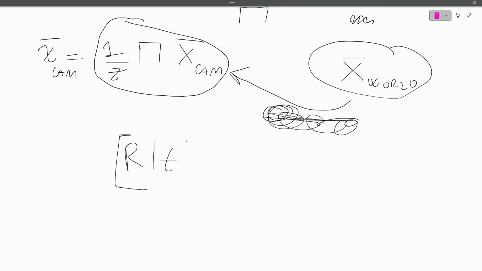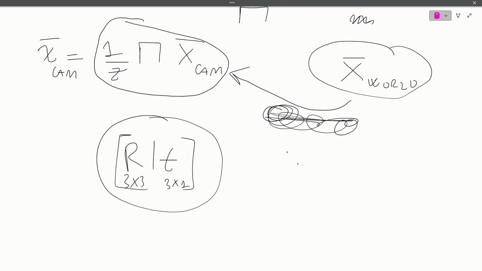So we are searching for this roto-translation matrix. In our case the rotation is 3 by 3 and the translation is 3 by 1, so the matrix is 3 by 4, okay. This is a 3 by 4 matrix.